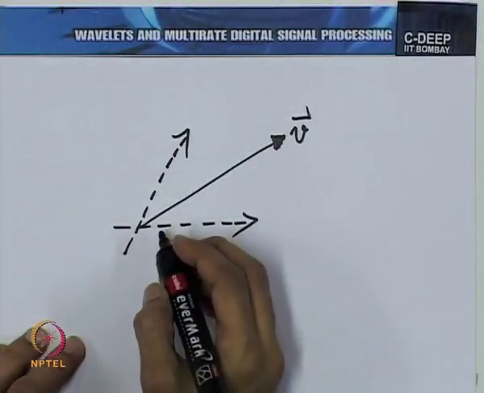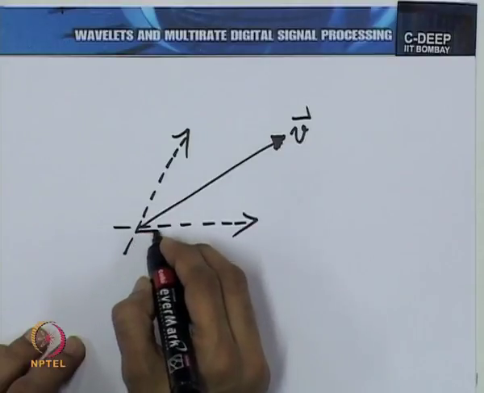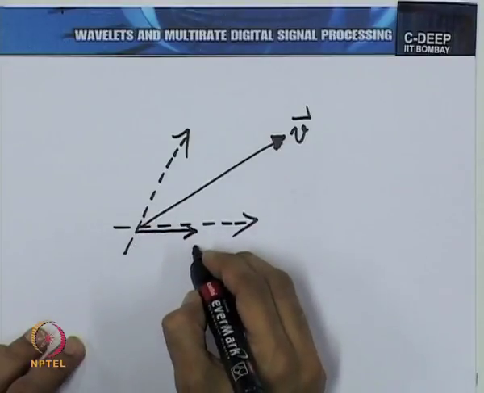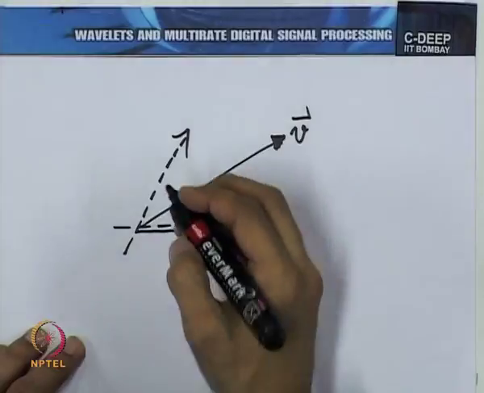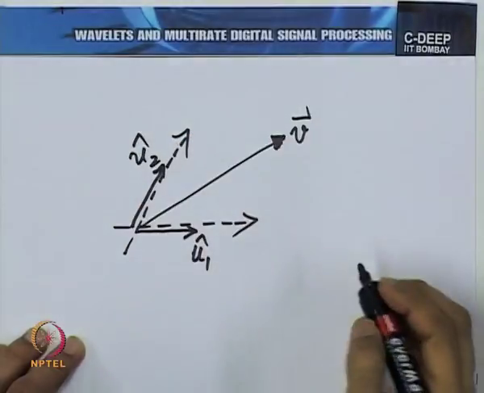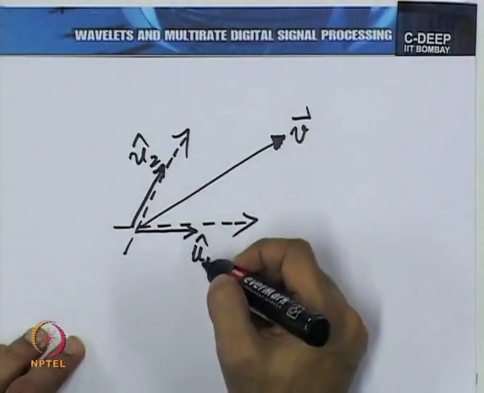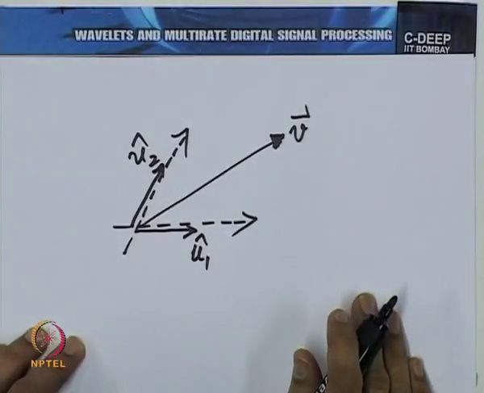And of course, I could again have the unit vectors in these two directions, u1 cap so to speak, u2 cap, and I could express v in terms of u1 cap and u2 cap.